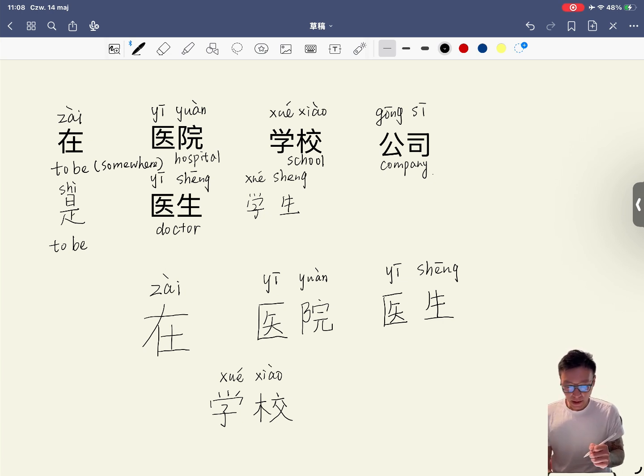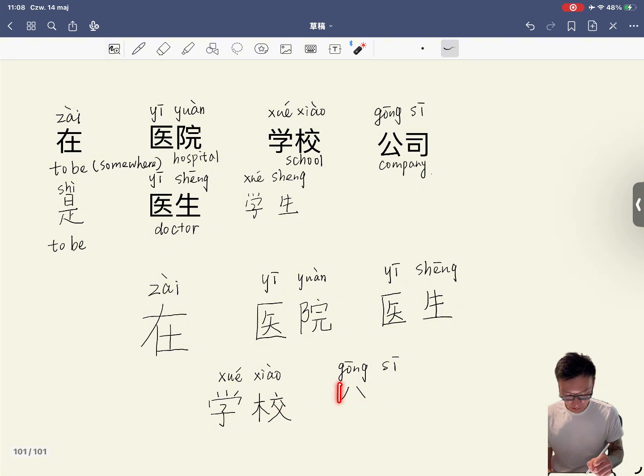Okay. And let's come to the last one, 公司. 公司 means company. Okay. So first let's write these 2 parts. And if you can see, this part actually looks like this part, right? But this part just has a bigger size, okay?